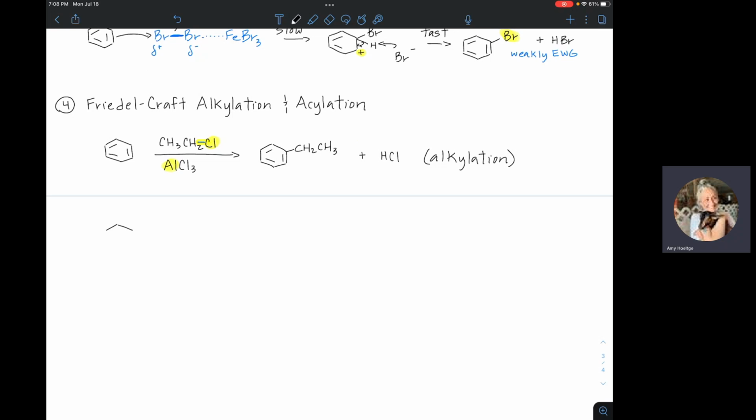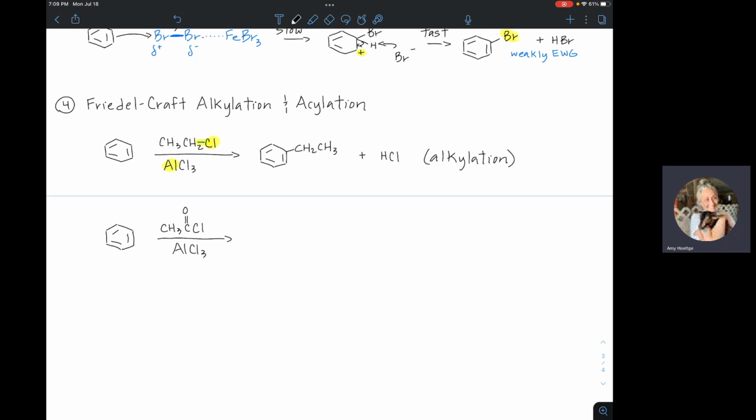We can do the same thing if we want to acylate. So I could use an acid chloride. I could use a Lewis acid again.